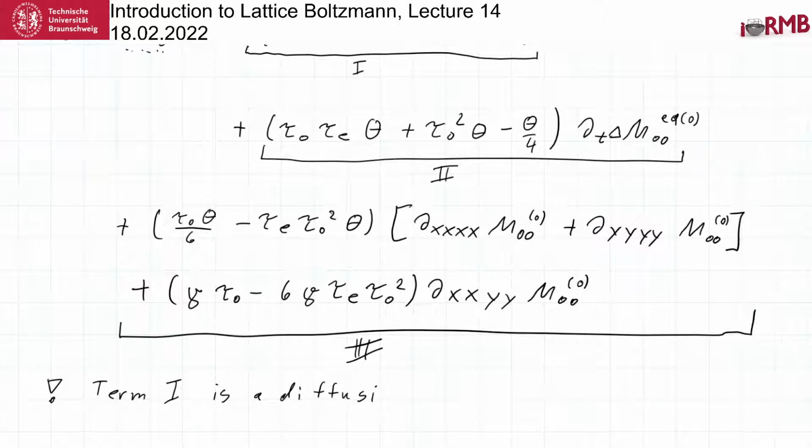If it was on its own, it would simply be a diffusion equation for M002. So this is not M000, which we identify with the variable that we want to solve, but with the variable, with the leading error. Yeah, so this is the leading error.